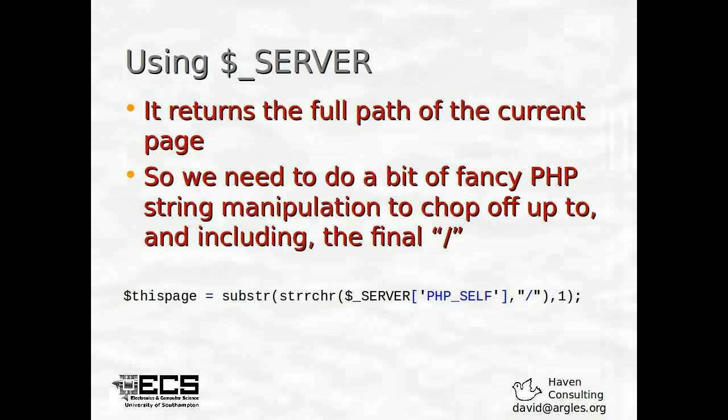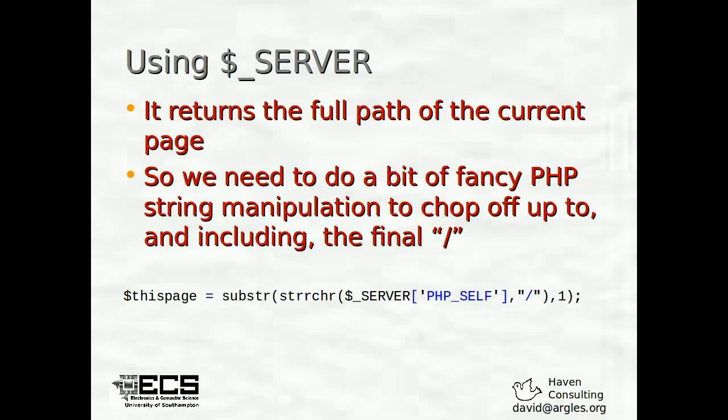What we need to know is just the URL of our particular page. So what we're going to need to do is a little bit of string manipulation to chop off everything up to and including the final slash in our URL. We can do it with a single line, but it's using two PHP functions together.